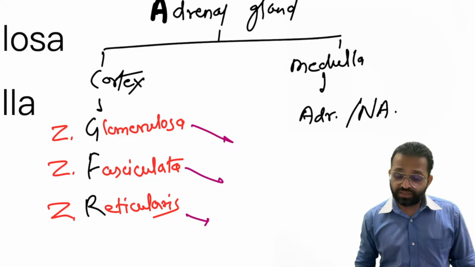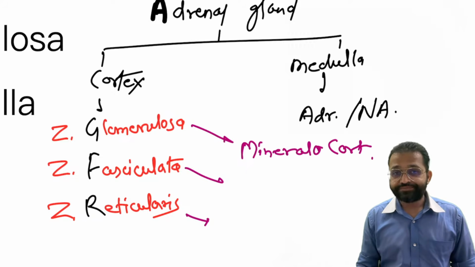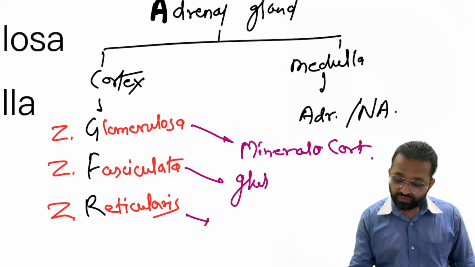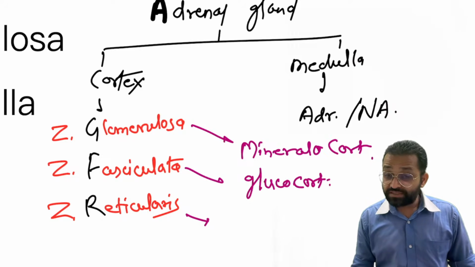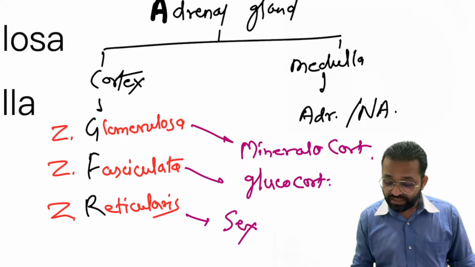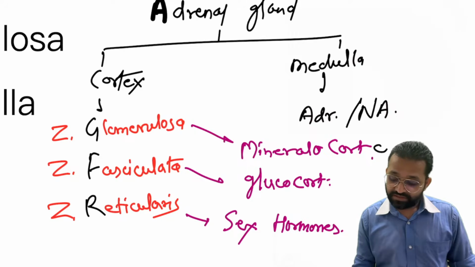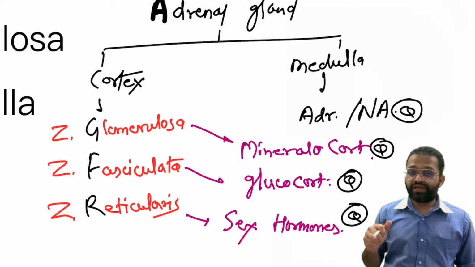Zona glomerulosa secretes the mineralocorticoid. Fasciculata secretes the glucocorticoid. Reticularis secretes the sex hormones. Yes. MCQ, MCQ, MCQ. Agree, everybody?